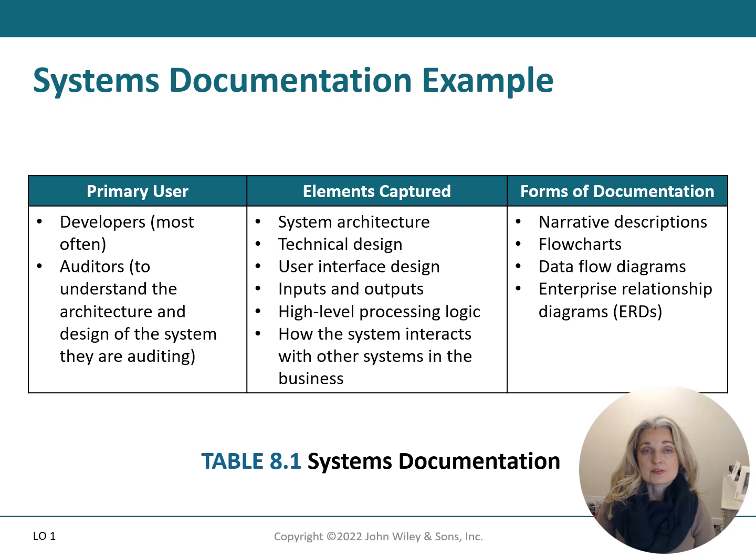And the forms of documentation that are incorporated in system documentation include narrative descriptions explaining what is occurring, various flowcharts showing how things move through the process, data flow diagrams that show how data moves through the information system, and enterprise relationship diagrams, or ERDs, that we're going to talk about a little later.